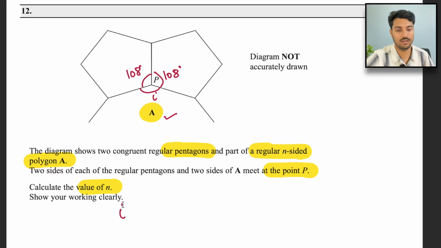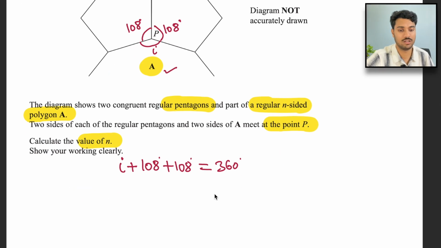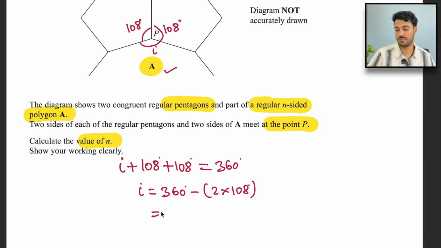So I plus 108 plus 108 degrees is equal to 360 degrees, because angles at a point always add up to 360 degrees. So I is going to be 360 degrees minus 2 times 108 degrees. So let's find the value of I. 360 minus 2 times 108, which is 144 degrees.